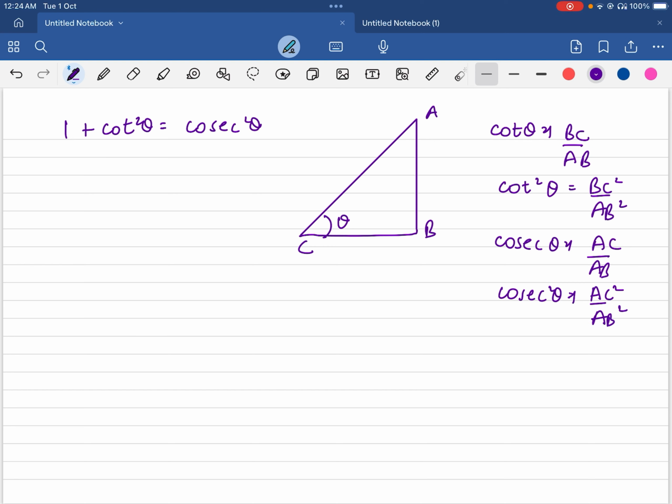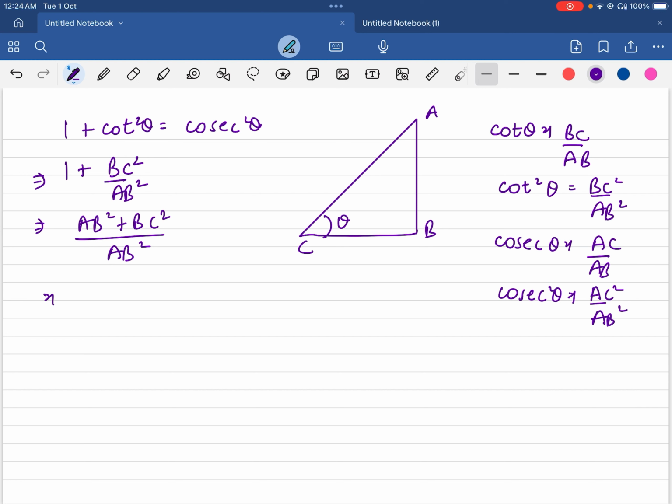Okay, fine. So 1 plus cot square theta is 1 plus BC square upon AB square. We will further solve it. So it's going to come out as AB square plus BC square upon AB square. Now AB square plus BC square.